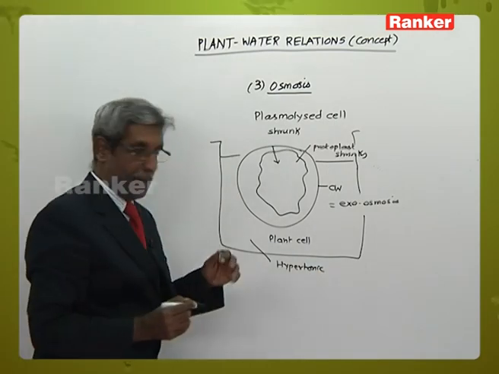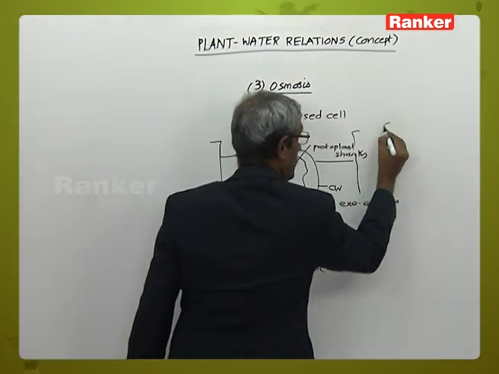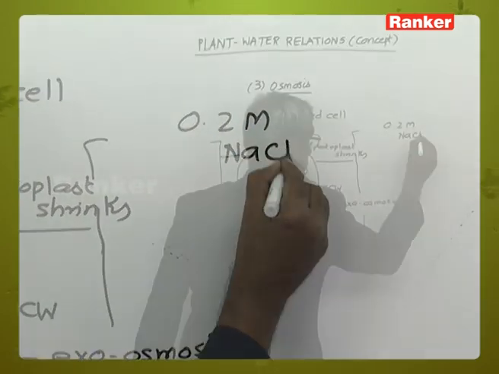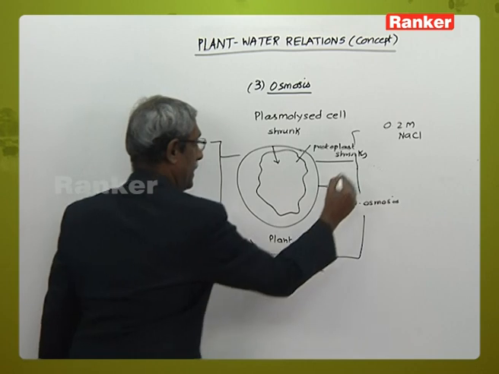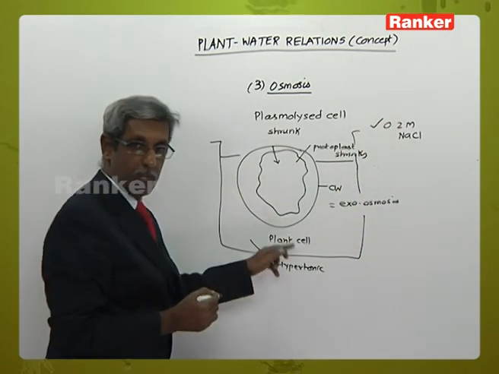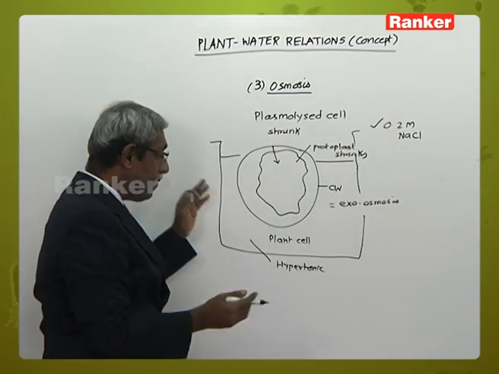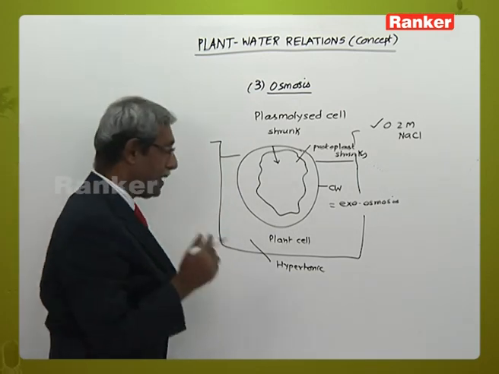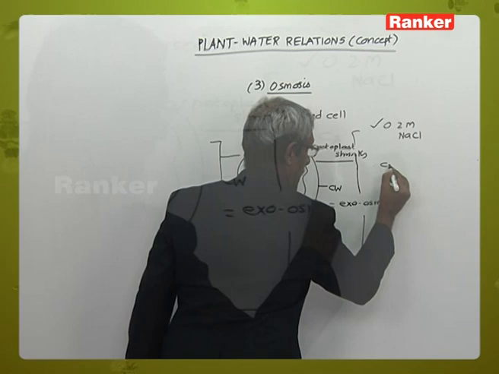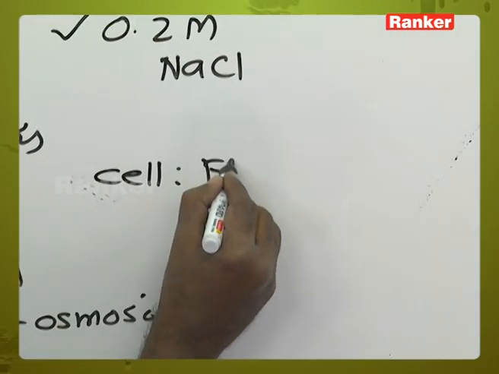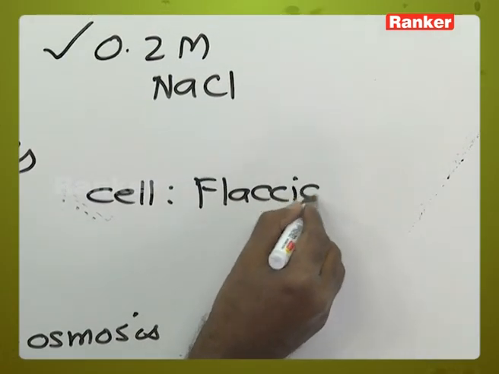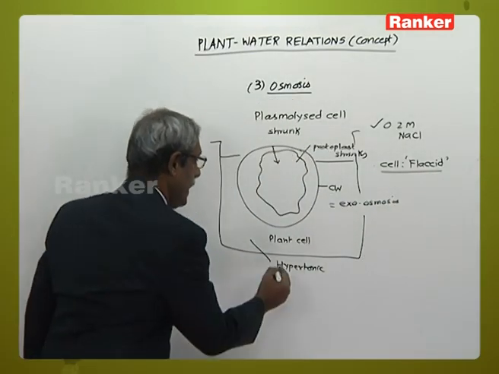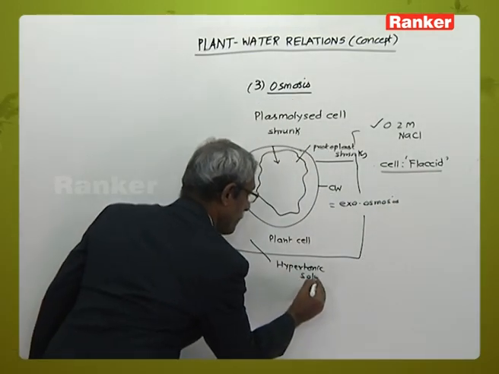Like if you take a cell and put it in 0.2 molar sodium chloride, the cell normally shrinks. So when it shrinks, the property of a plasmolysed cell is that the cell becomes flaccid. The cell becomes flaccid in a hypertonic solution.